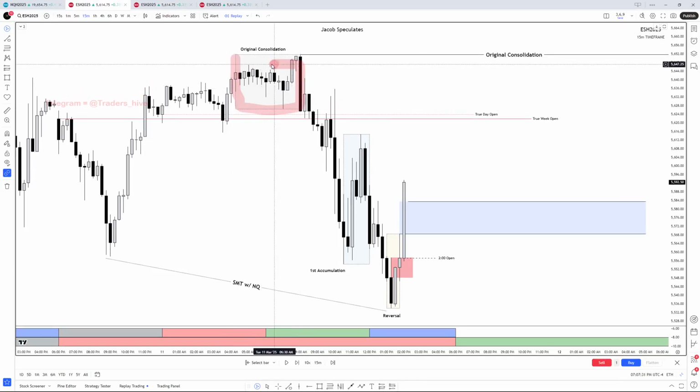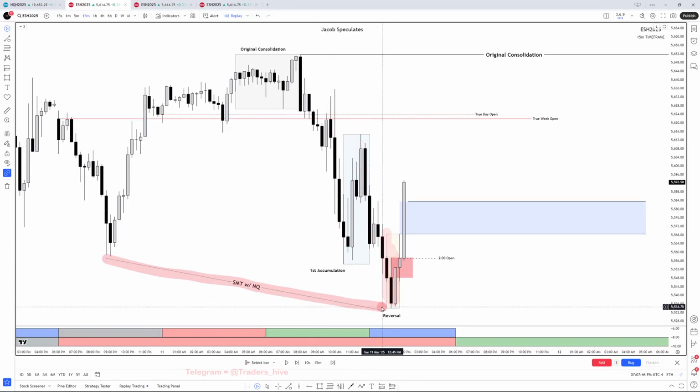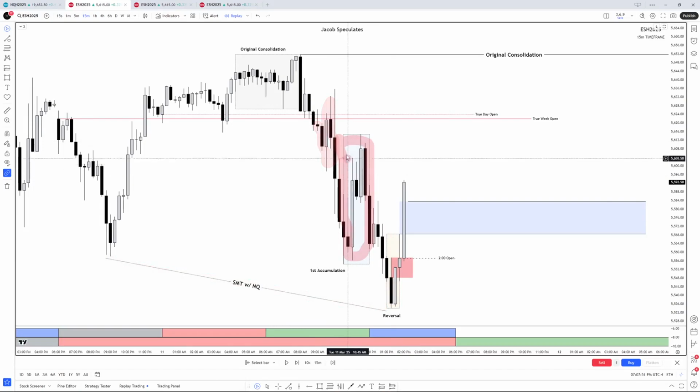Exactly, the original consolidation. Price breaks lower, trades higher one more time into the original consolidation again, breaks lower, trades higher one more time, breaks lower again, and then forms a TPD after a sequential SMT formed. Whenever you have two short periods of accumulation like this, always go for the larger one closest to the TPD.